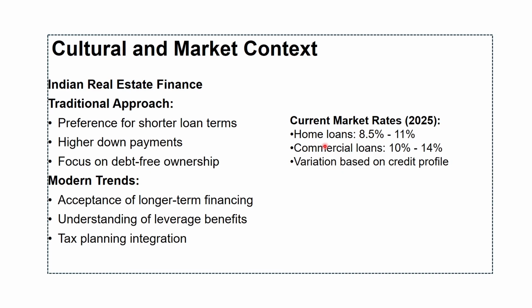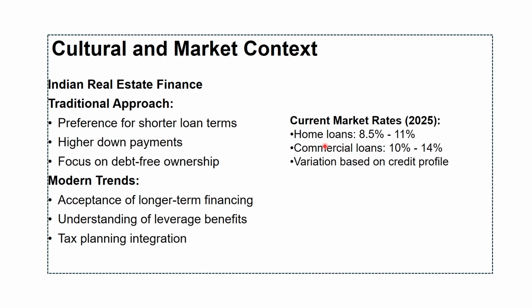Modern trends would be acceptance of longer term financing, understanding of leverage benefits, and tax planning integration, right. And current market rates: home loans of around 8.5% to 11%, commercial loans of 10 to 14%, and variation based on the credit profile.